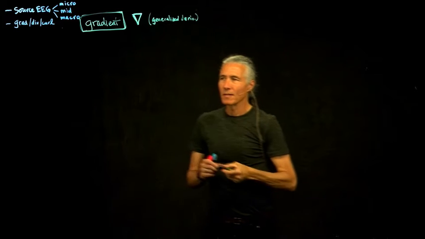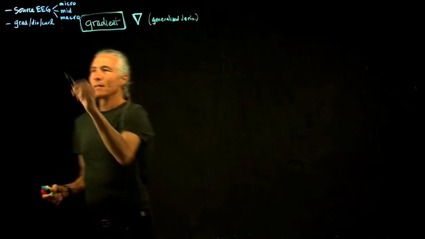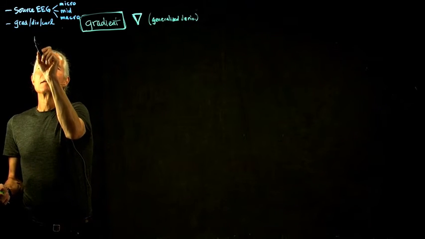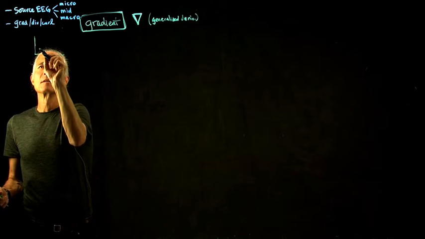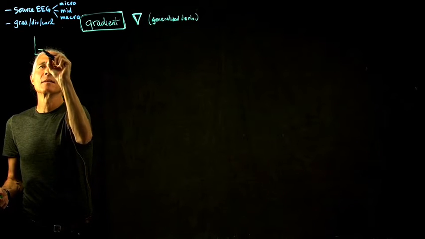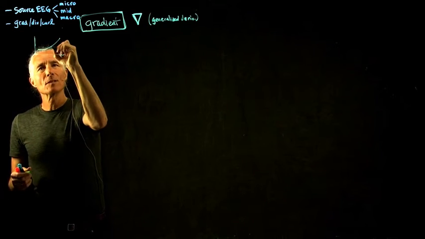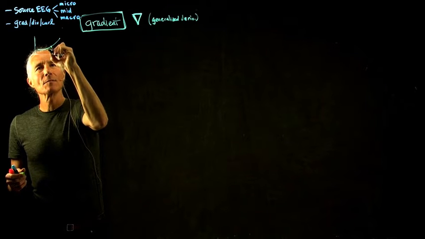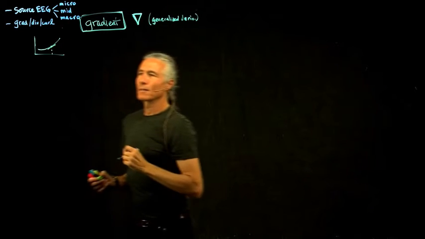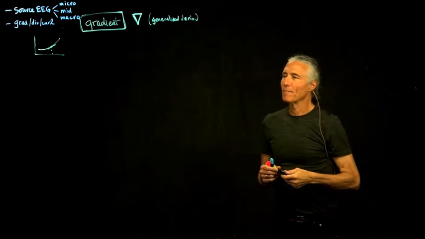The regular derivative is, you have a graph of something, and at a point you just figure out what the slope is. So what is the rate of change at a point?